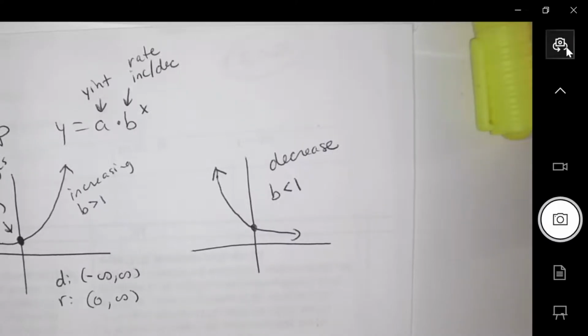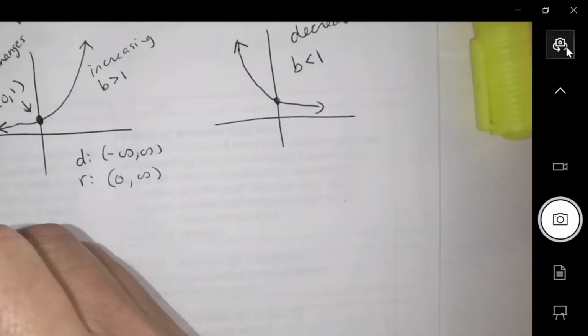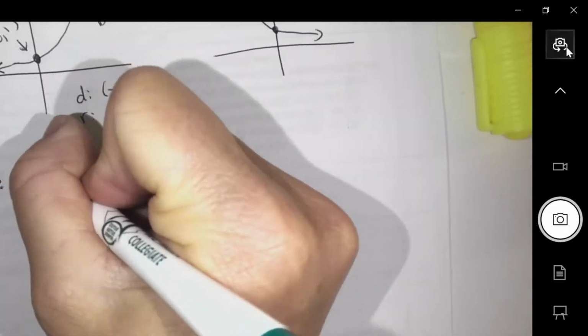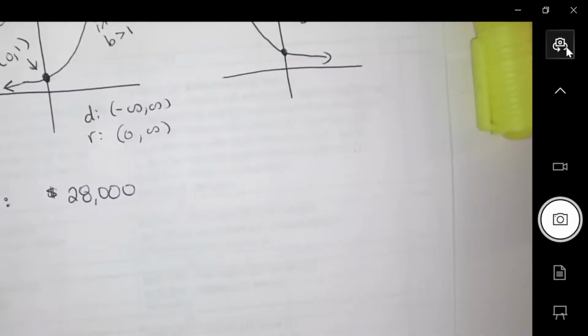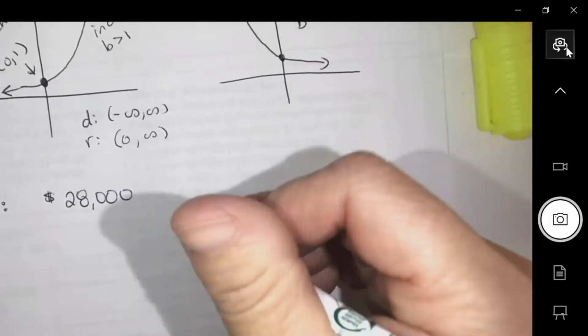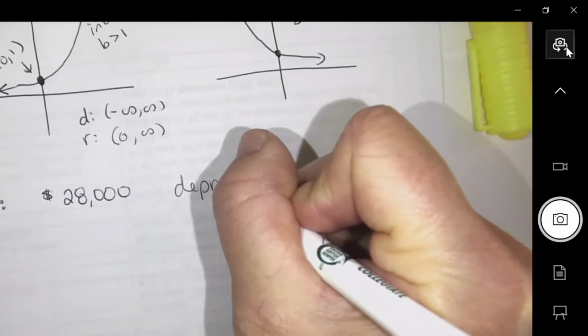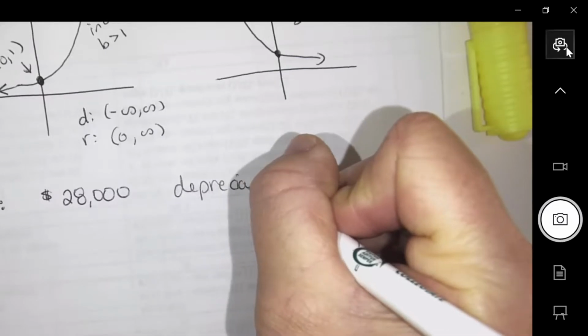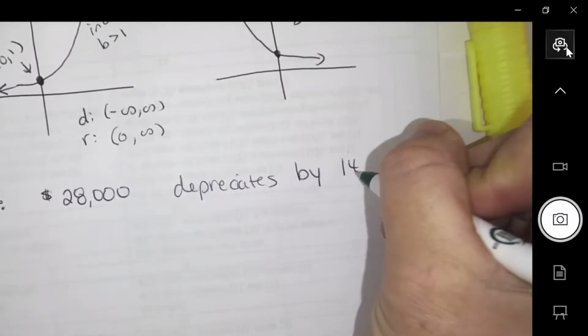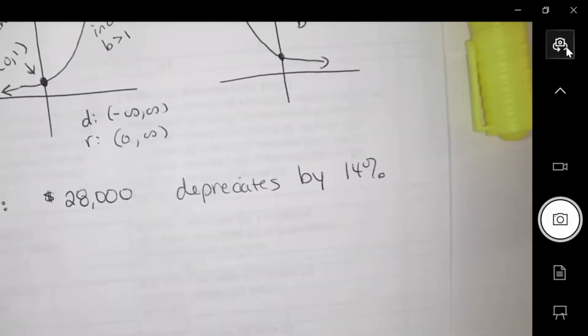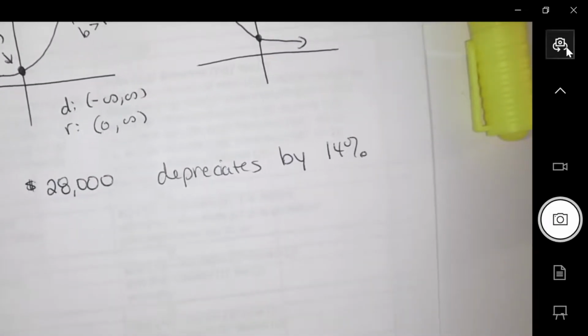Okay, what if I told you I bought a car for $28,000, and each year it depreciates by 14%. Can you write me an equation that models this situation?